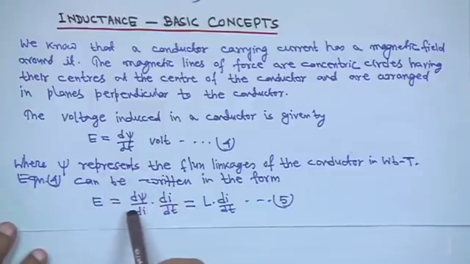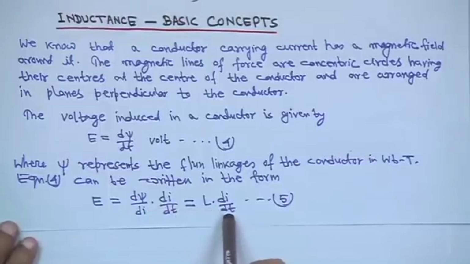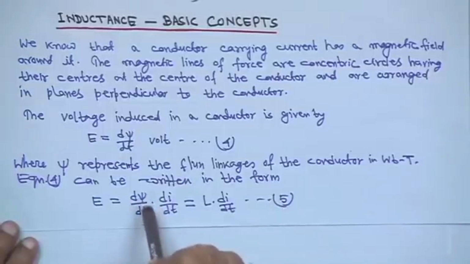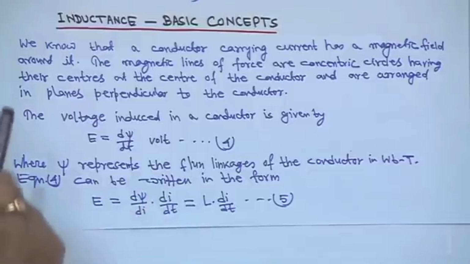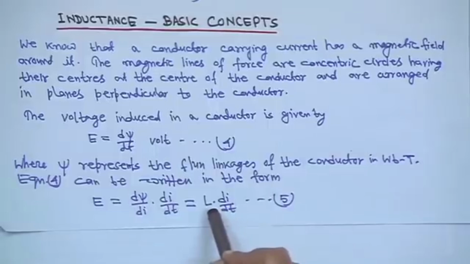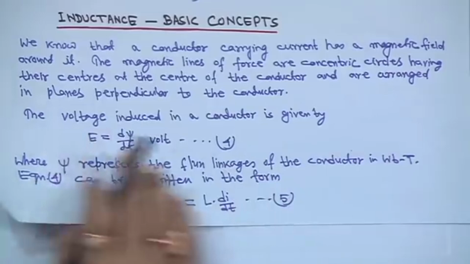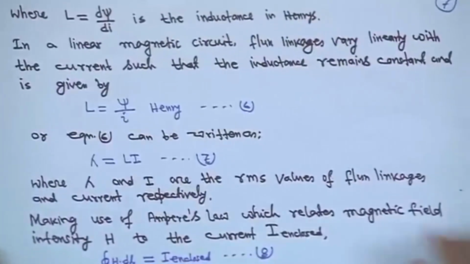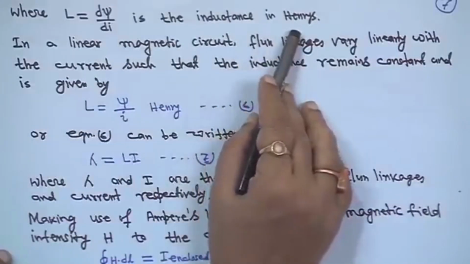If you make it like this, E is equal to d psi upon di into di upon dt, which is equal to L into di upon dt. This is equation 5, where L is equal to d phi by di. That means L is a constant of proportionality, basically the inductance. L equal to d phi by di is the inductance in Henrys.